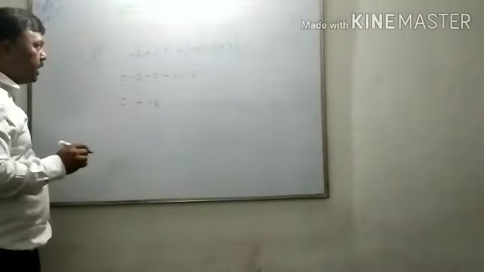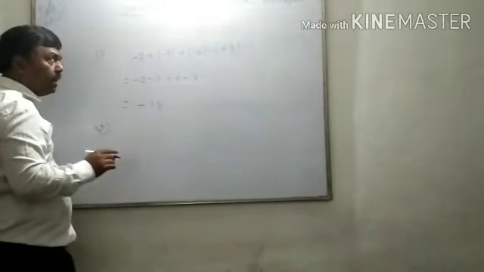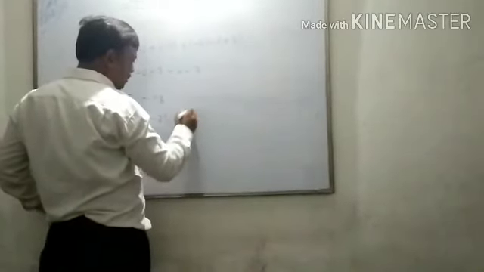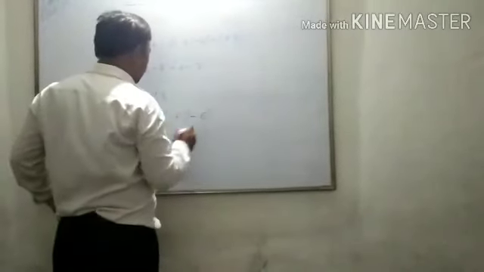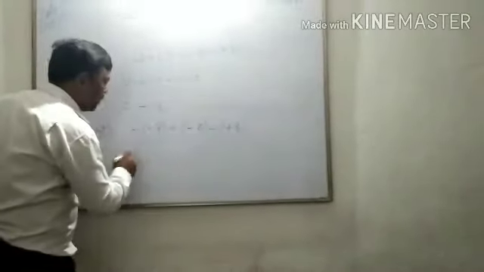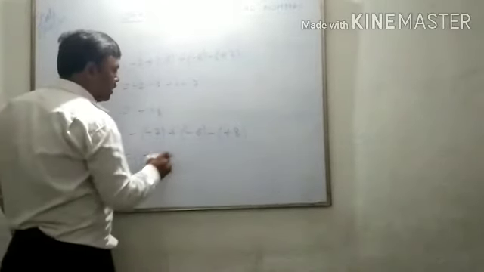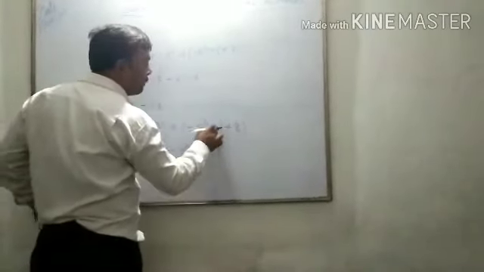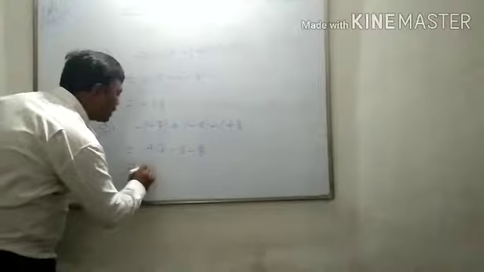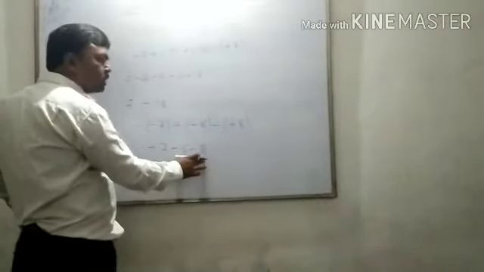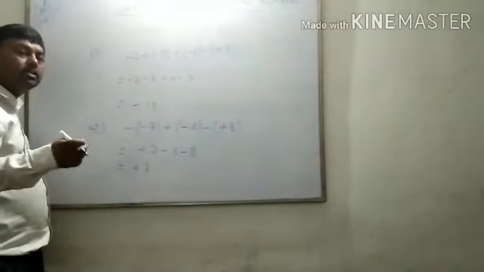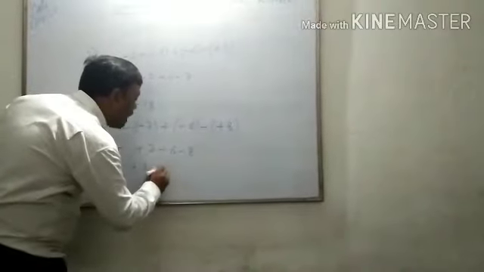That was the first example, and the second example is +7 or -6 or minus plus 8, which equals plus 7 minus plus -6 minus plus -8. The positive number is only one, so we will write +7, and here two numbers are with minus sign, so we will add these two numbers and use minus with the result, that is -14.